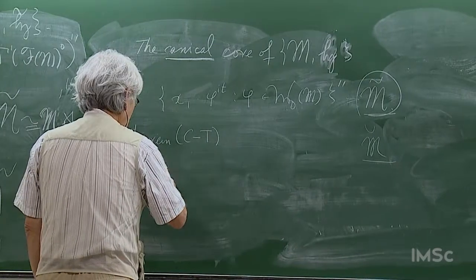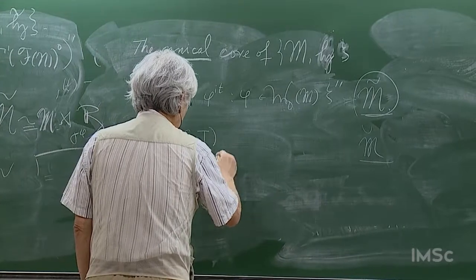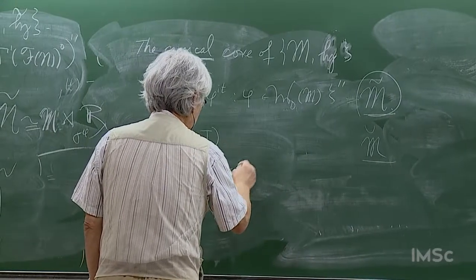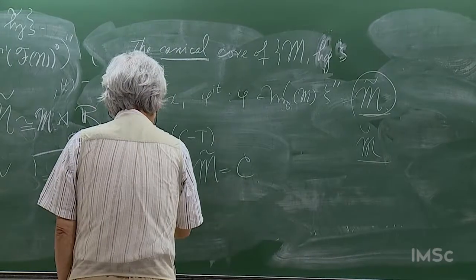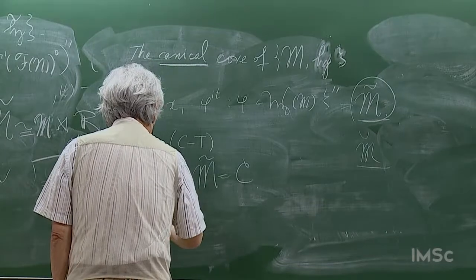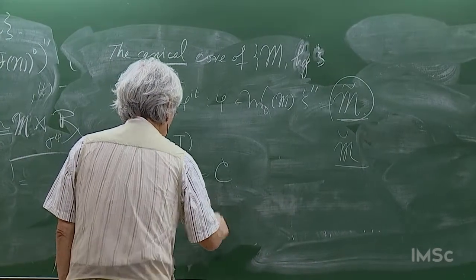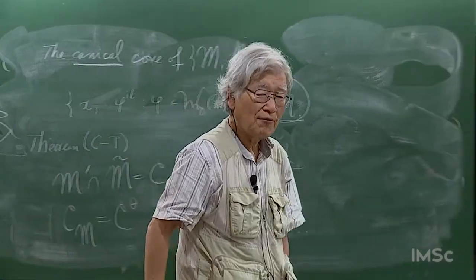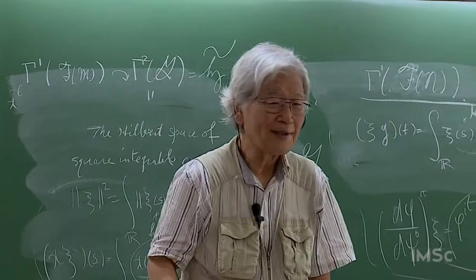Takesaki: the relative commutant of M in M tilde is the center of M, and this center of M is precisely the fixed point set of the one-parameter automorphism group restricted to the center.